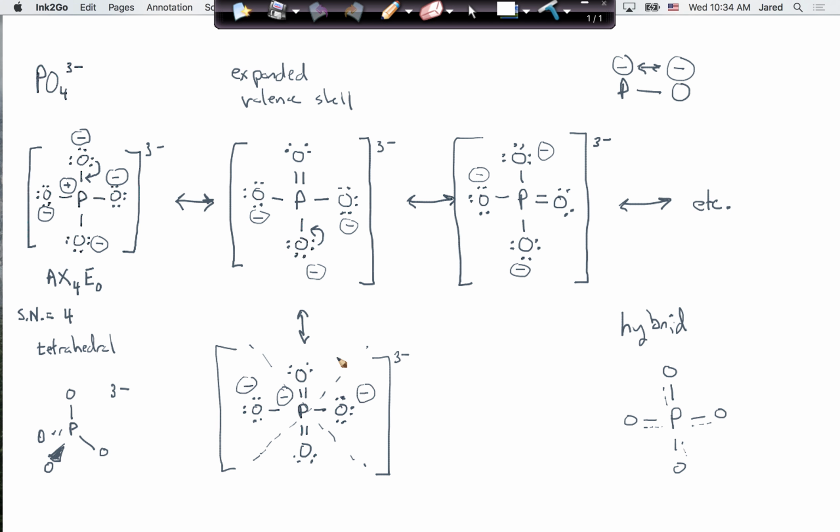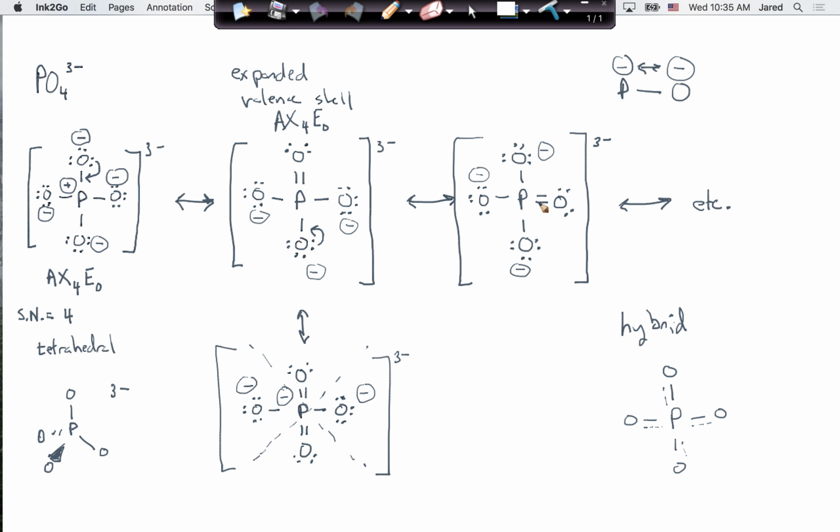One last thing, and that is to notice that for all of these, even the bad one, let's assign the class. So here I have a central atom with 4 bonds. So this is AX4. No lone pairs on the central atom. Yes, there's a double bond. That is not a lone pair. So this is still AX4E0.